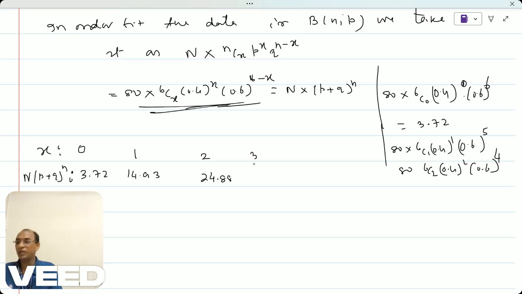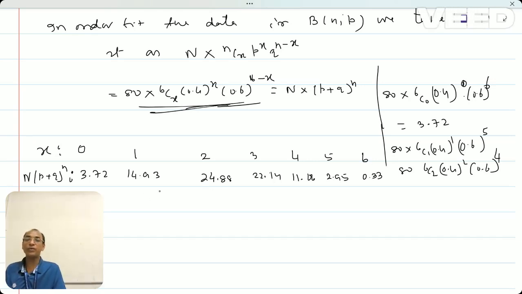For x equal to 3, you will get 22.14. For x equal to 4, you will get 11.06. For 5, you will get 2.95, and for 6, you will get 0.33. So these are the theoretical frequencies.